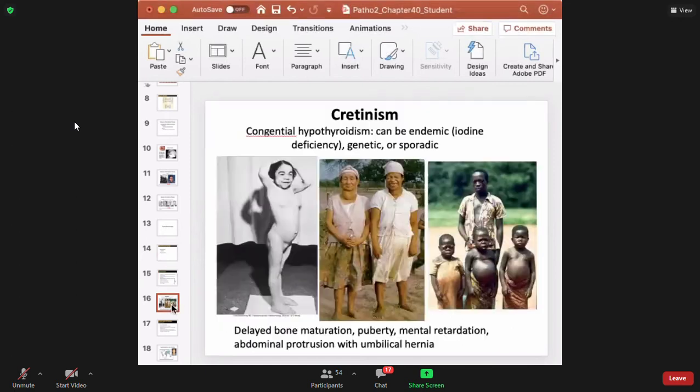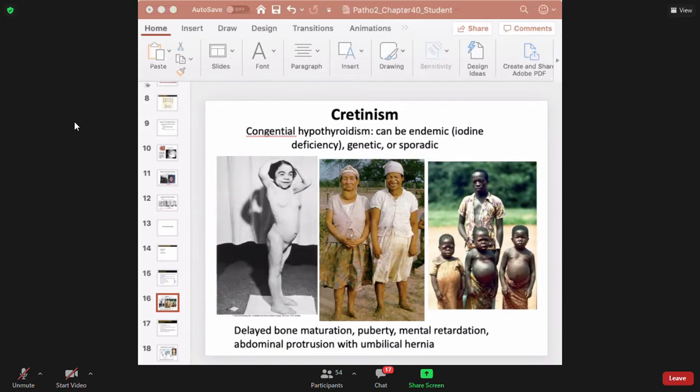So cretinism is a congenital hypothyroidism that can be endemic due to iodine deficiencies. Not here in the US, right? Because we've got iodized salt here, so we don't have to worry about that. But it could be due to the fact that the mother has Hashimoto's and is not treating it and then gets pregnant, so she can't give the fetus the thyroid hormone that they need in the first trimester.